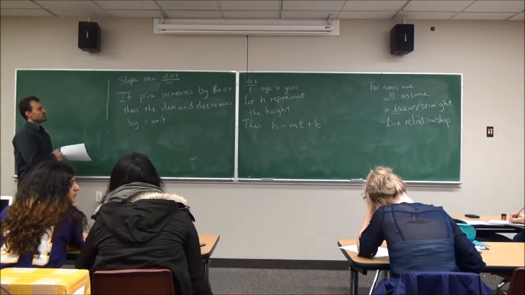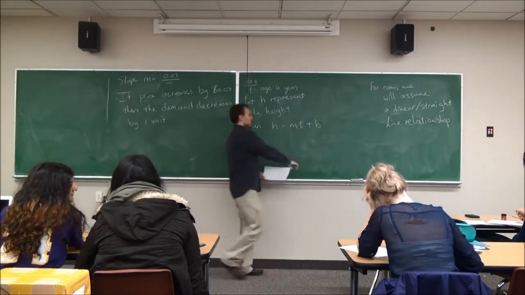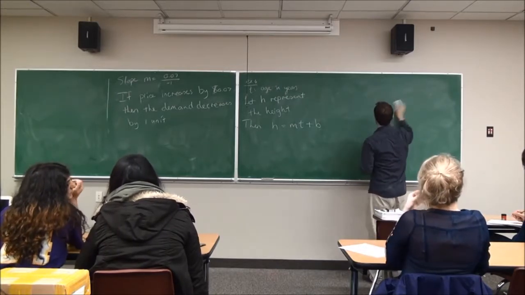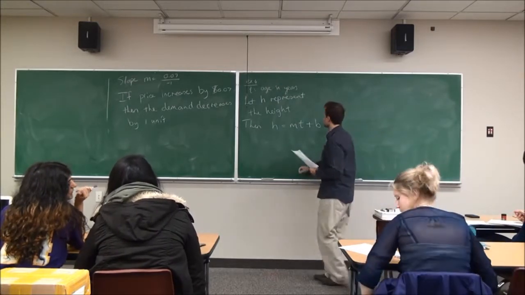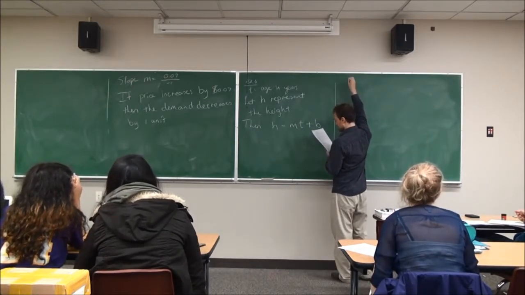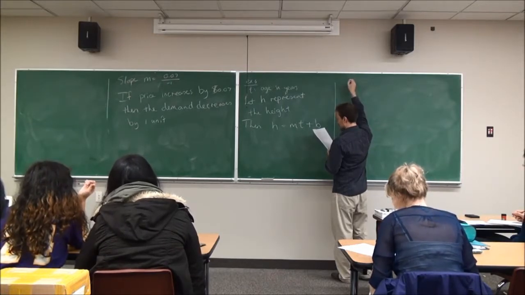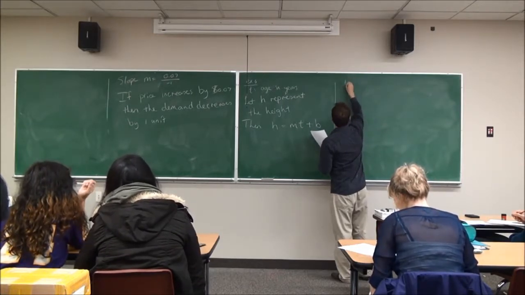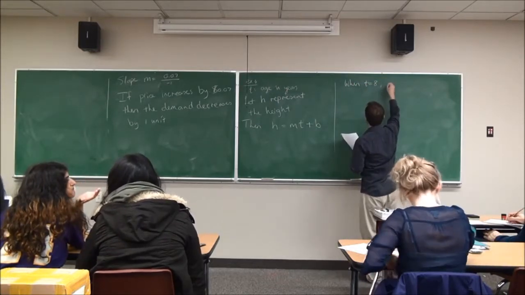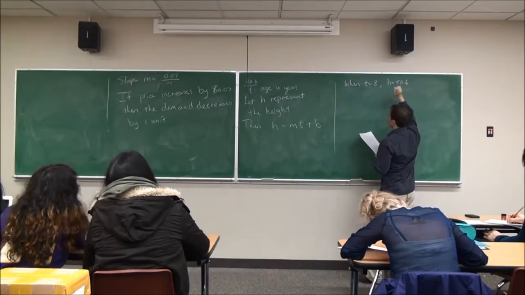Now I'm looking for the slope, and I'm looking for the value of b. But let me just write down what information they give me and figure out what I can find first. So when t is 8, which is 8 years old, the height is 50.6.